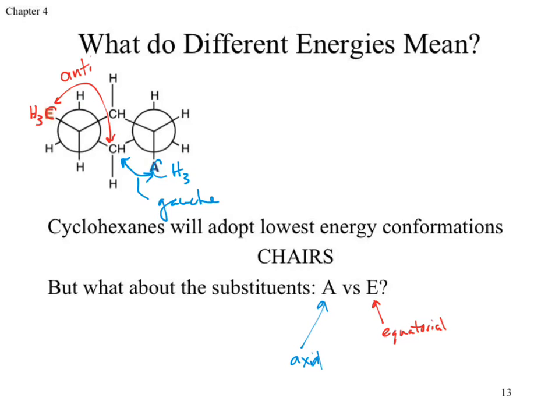That's it. That's the big conclusion of all the Newman projections and drawing stuff. Put your big group equatorial. 99% of the time, you're right. 1% of the time, you have to look at it a lot further than that, and that 1% you will probably not see in this class. But if you move into a more advanced organic class, they might throw it at you just to be mean and nasty.